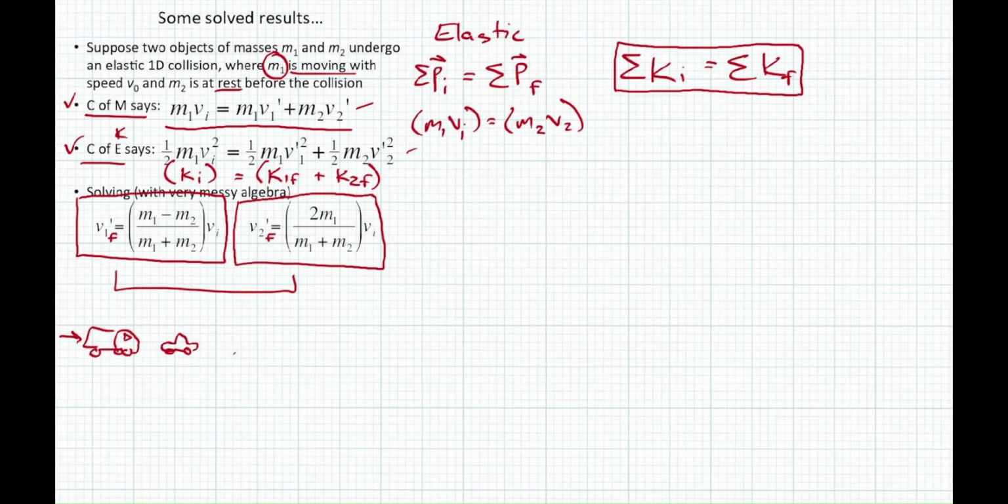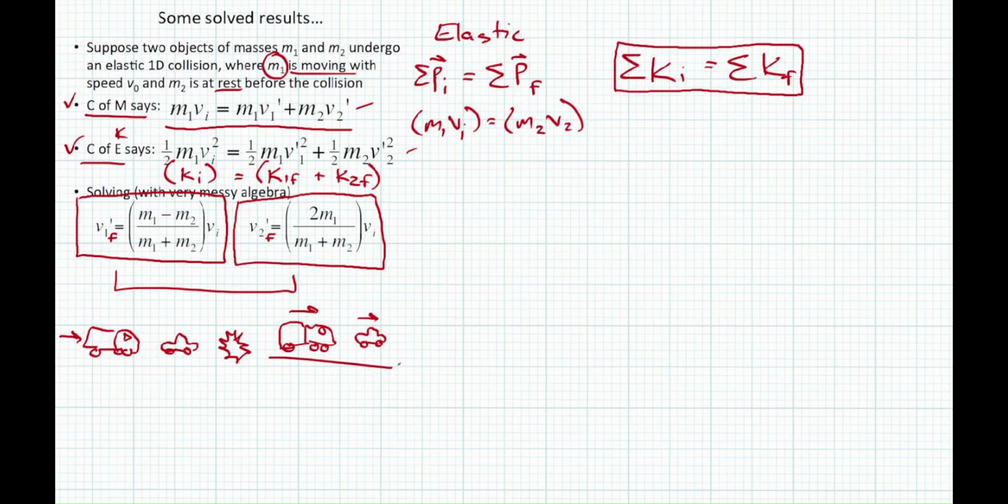Well, they're going to collide, and both the truck and the car are going to be moving afterwards, especially if that car is considerably smaller.